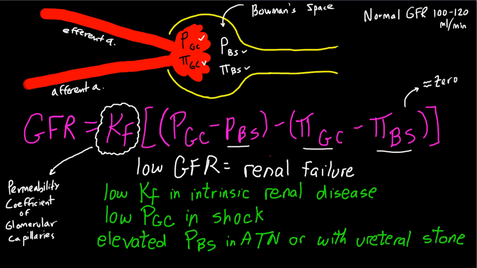Let's talk a minute about how perturbations in some of the variables in this equation can lead to renal failure. Patients with intrinsic kidney disease may have obliteration of the glomerular capillaries. Therefore, the glomerular capillary surface area is very low. Kf will be low, GFR will be low, the patient will be said to have renal failure.